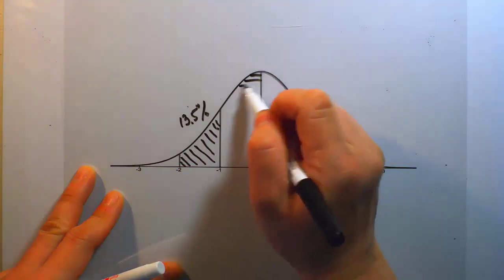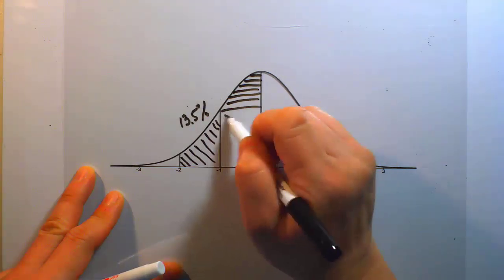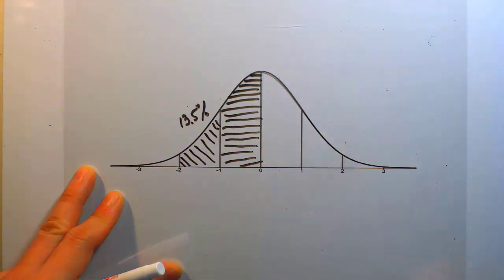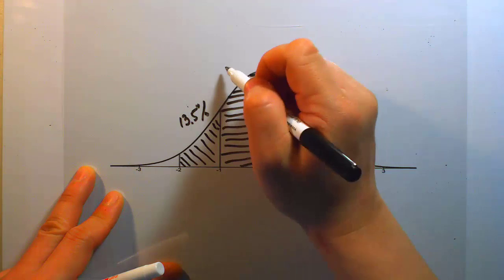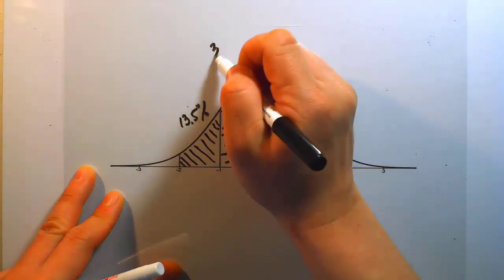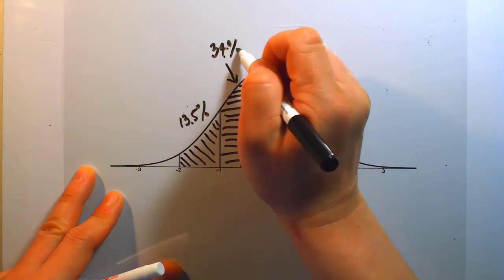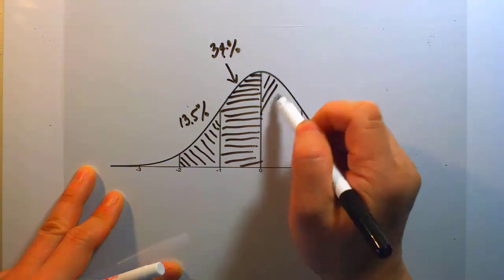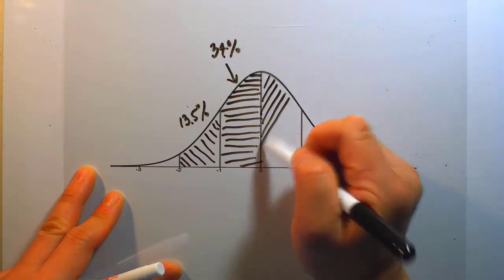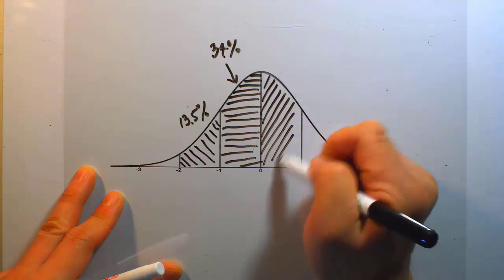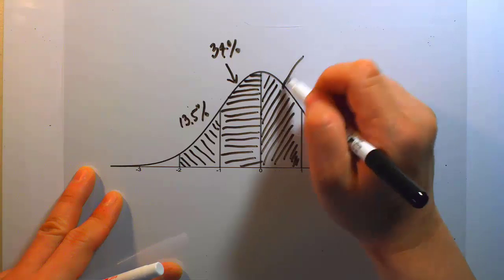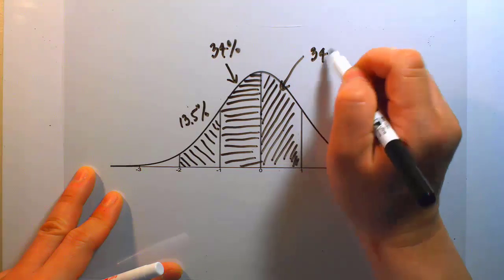This next piece here that I'm shading slightly differently to indicate that we have separate little pieces of area is 34%. And then our problem's area extends as far as this other piece as well. So this other piece is also another 34%.